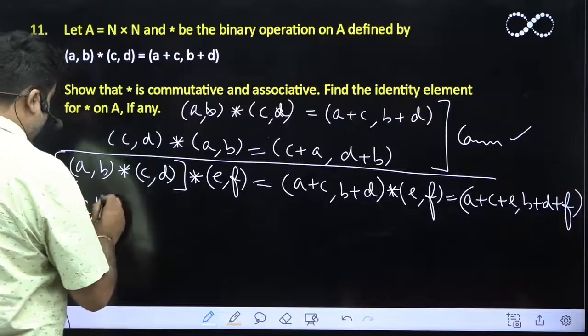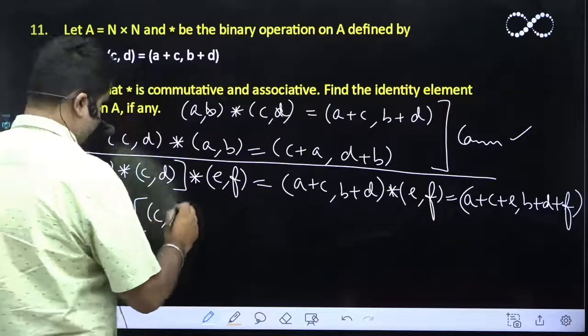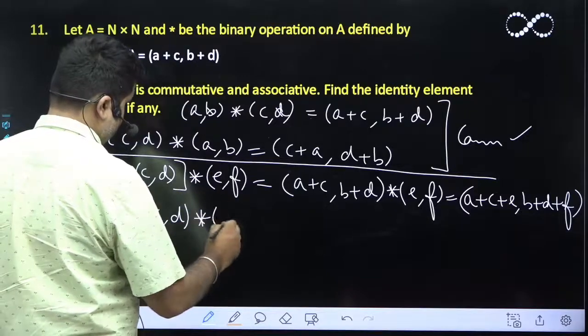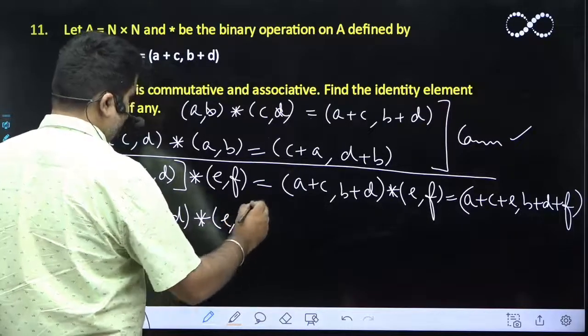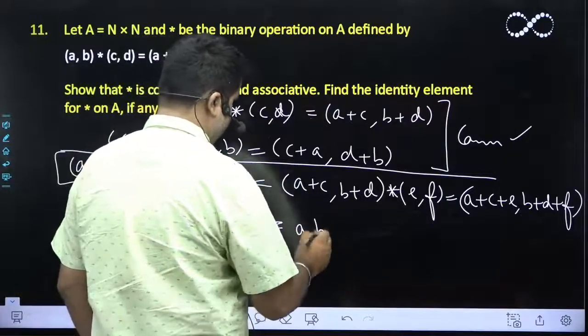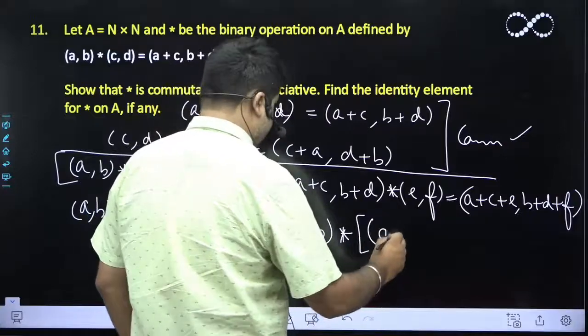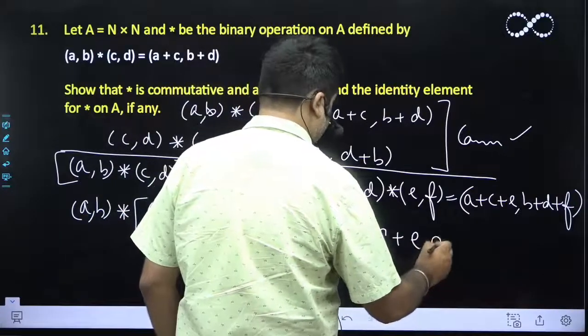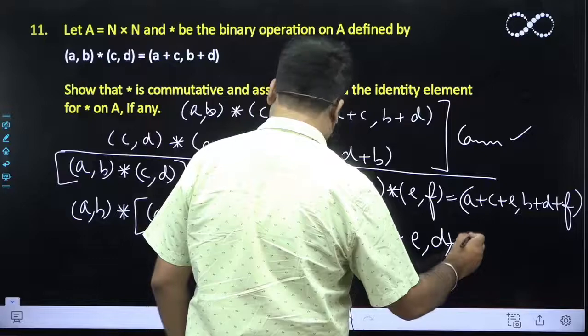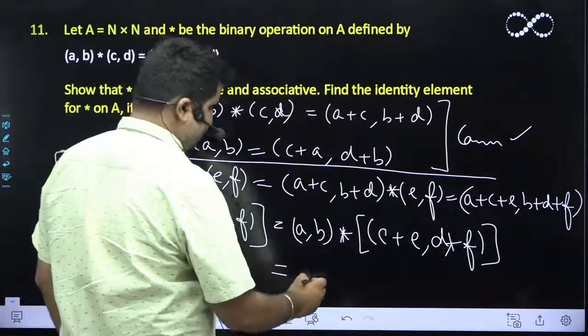Now let's see the second one. What is CD star EF? This is C plus E, D plus F. And what is this?